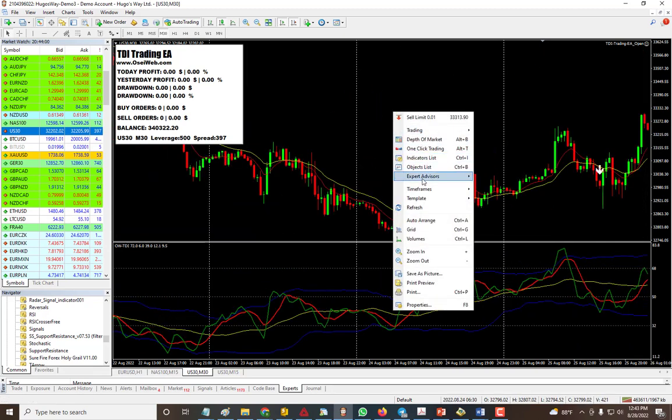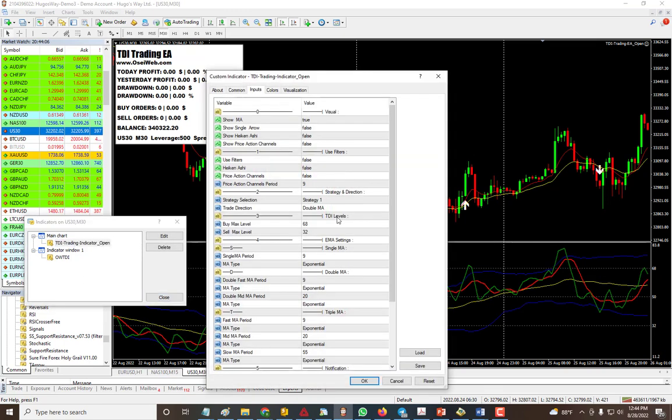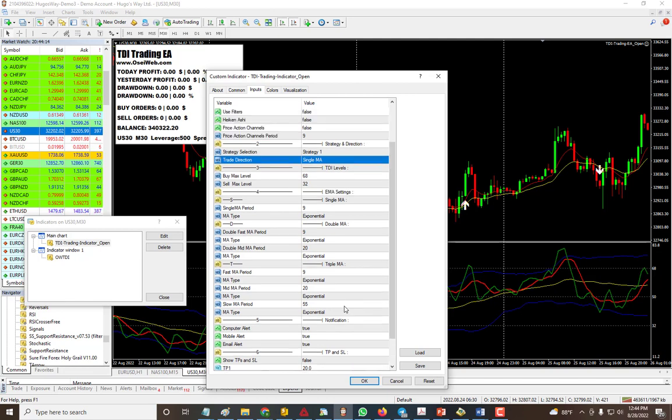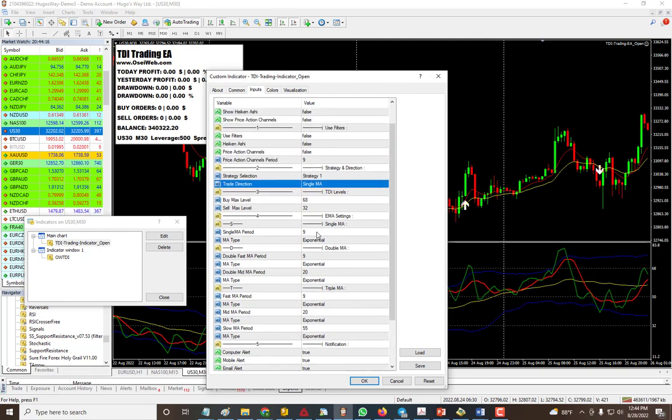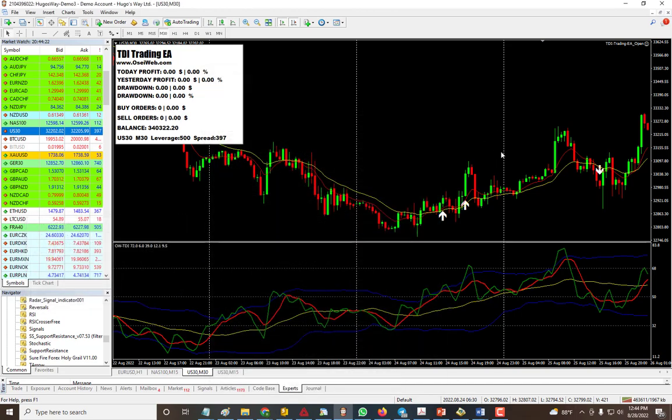So you're following the trend and using your entries from the TDI. You can also use the single MA, and the single MA is 9. We change it to 50, and then it will draw the line for you.